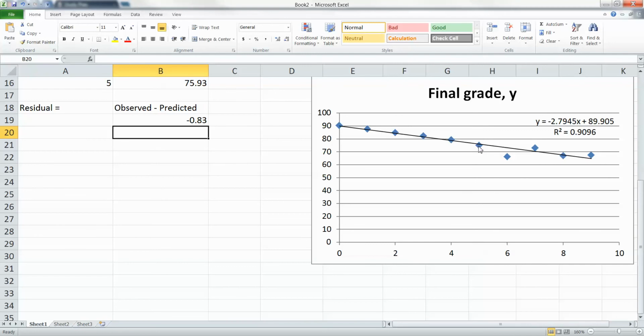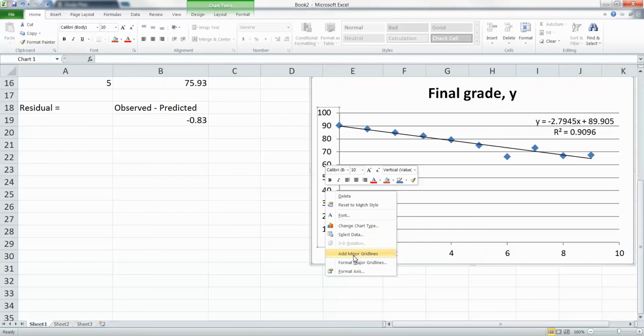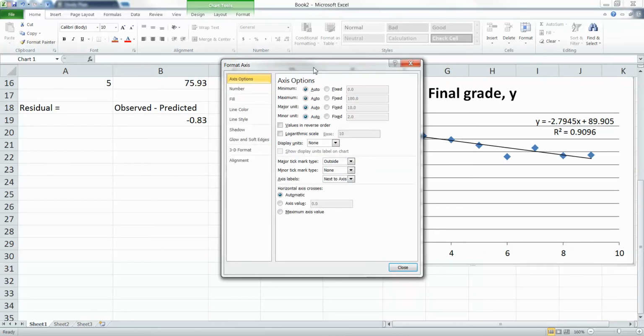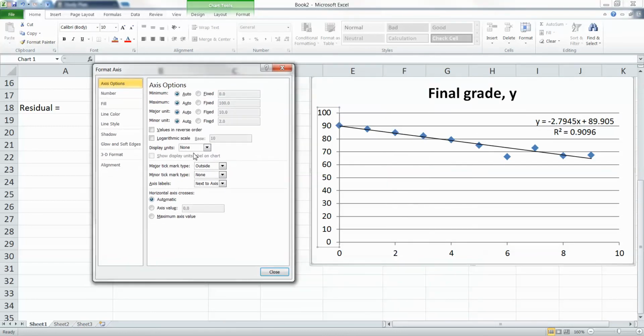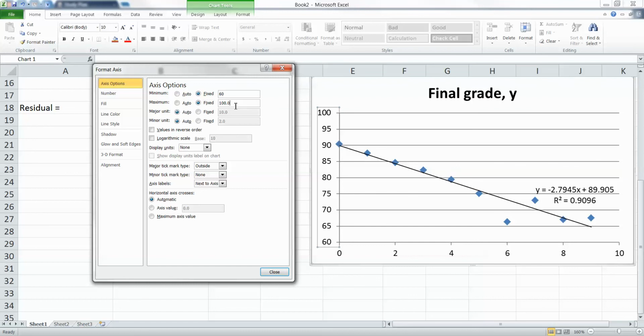It's hard to see because it looks like the blue dot is right there on top of the line, but it's not. Let me change my scale. If I right click on those numbers and format this axis, I'll make it go as low as 60 and fix it at, I don't know, 91.